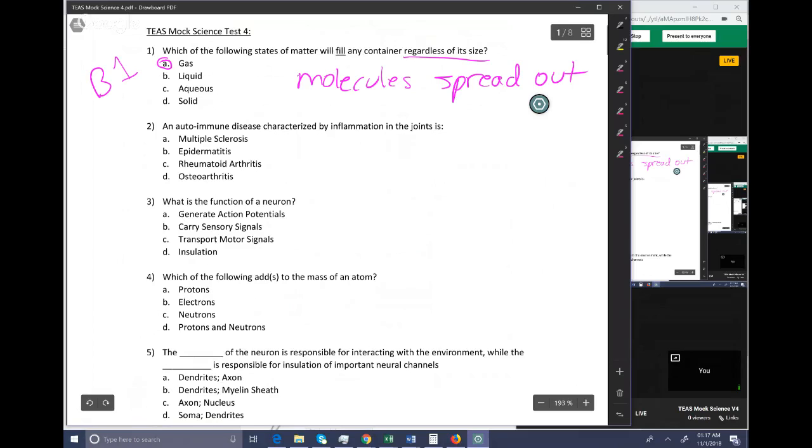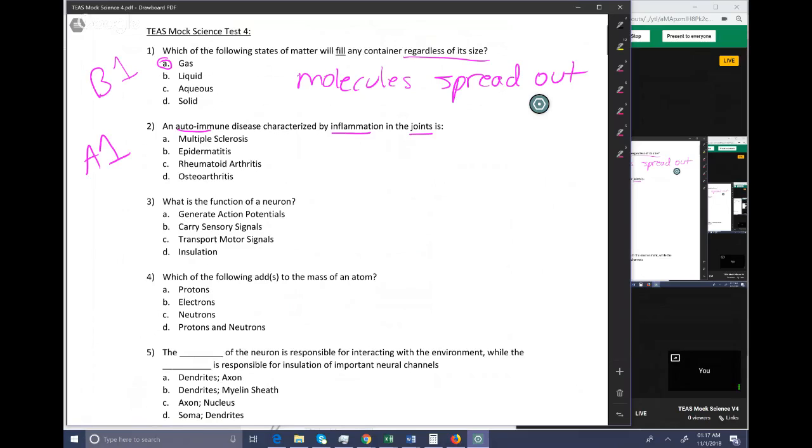Question 2 is from Anatomy 1, an autoimmune disease characterized by inflammation of the joints. You'll notice as I go through here, and you've probably heard me talk about it in the other mocks, you should always read a question all the way through in one fell swoop, but you should also come back and read it and pull out the key words.